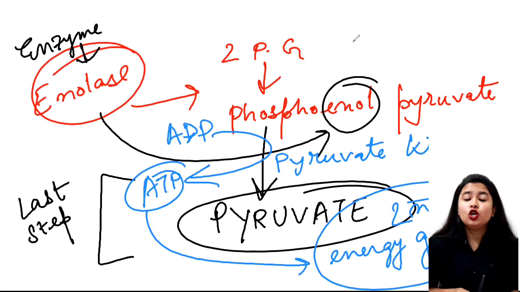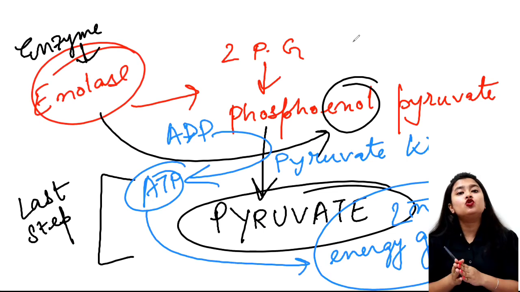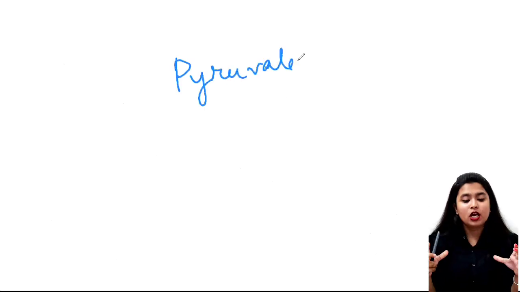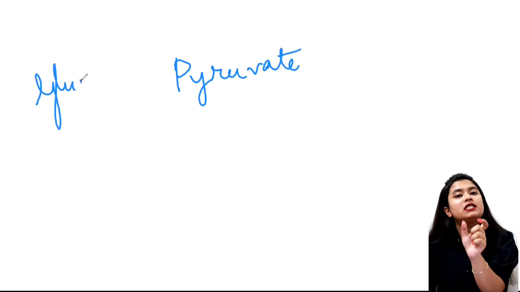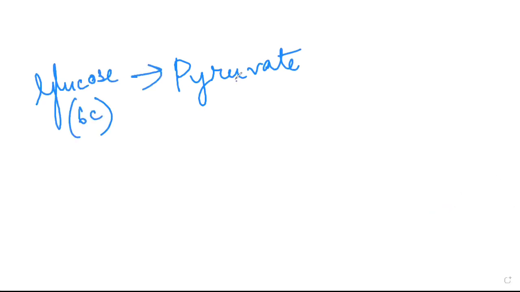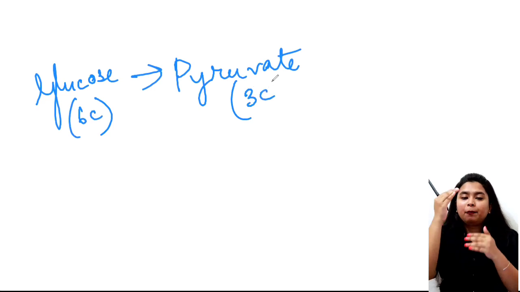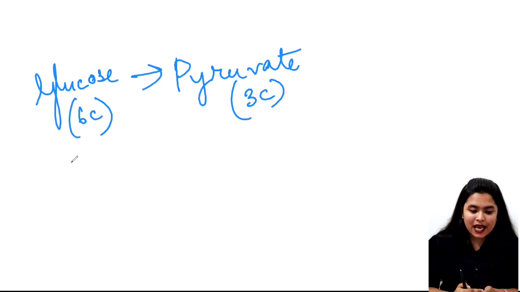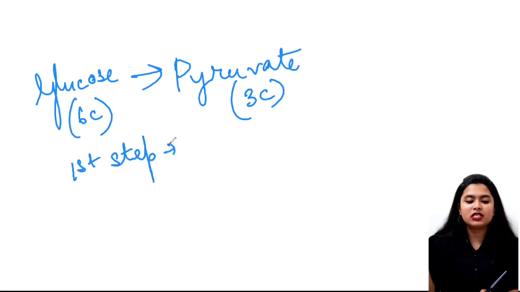So our main aim was to break down the carbon chain or the long chain of glucose, right? So glucose was a 6-carbon compound, and now we get pyruvate. Now from glucose to pyruvate, in these 10 steps of glycolysis, we will find only 3 irreversible steps.